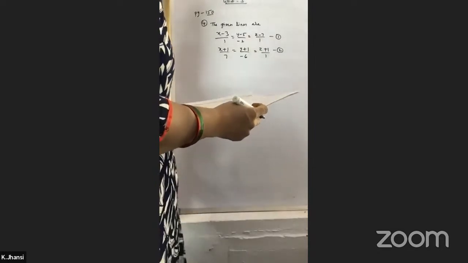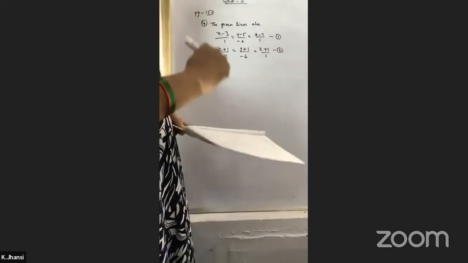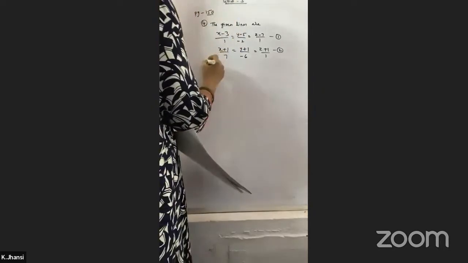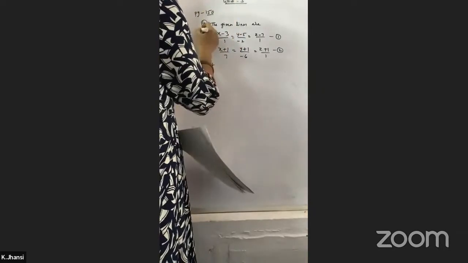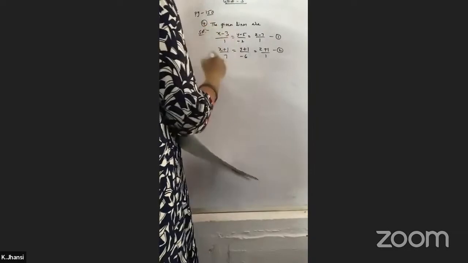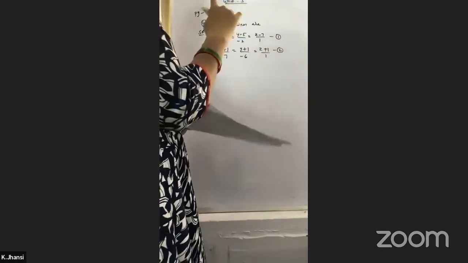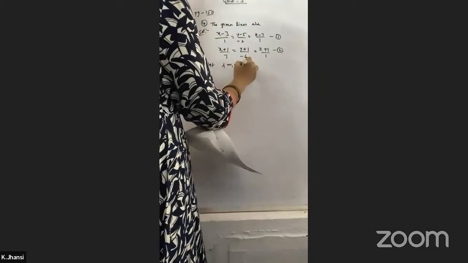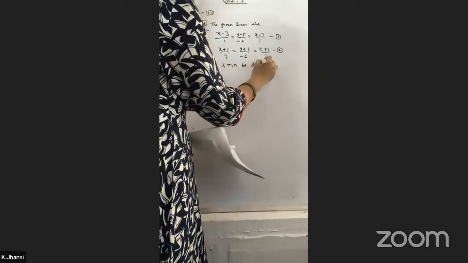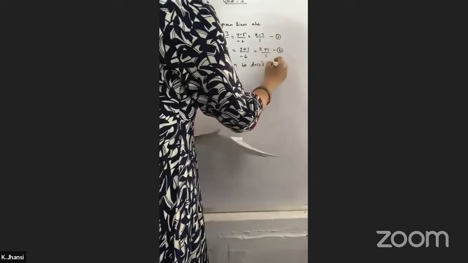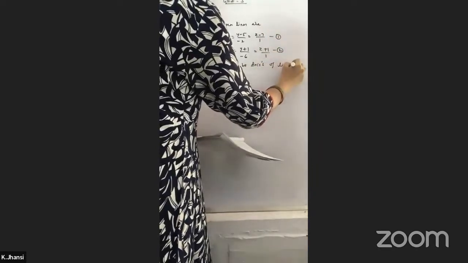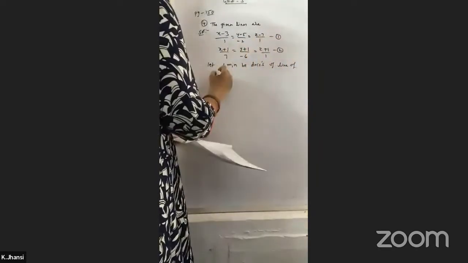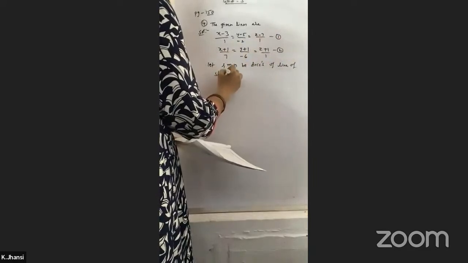After that, we have to take, let l, m, n be the direction cosines of the shortest line segment between line 1 and line 2. You can see the procedure in the textbook also, you can understand this.